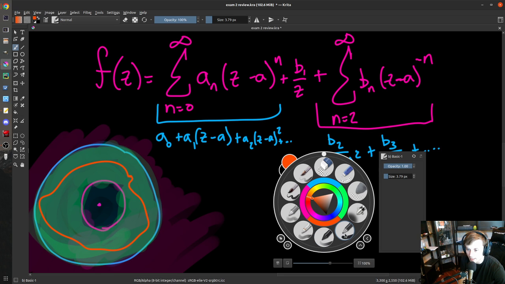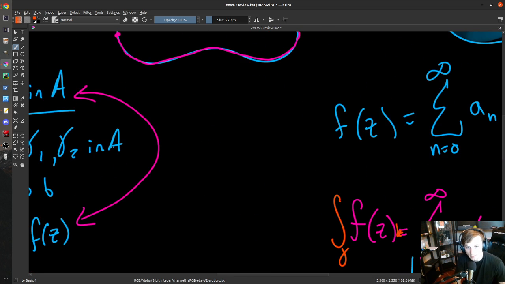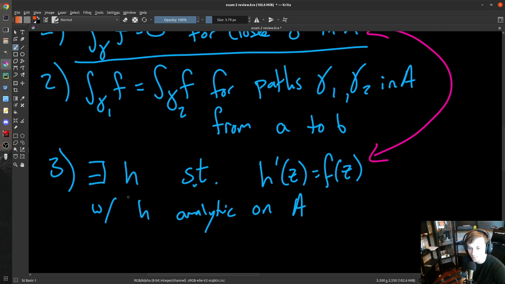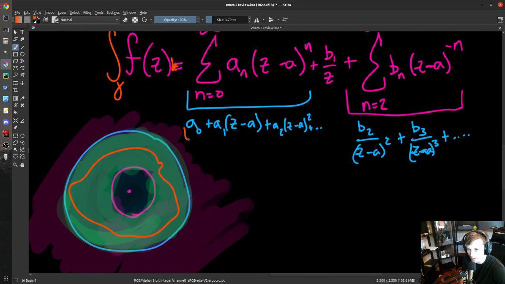By this path independence theorem, if I integrate this guy around some closed curve gamma with a dz, notice all these guys have antiderivatives.